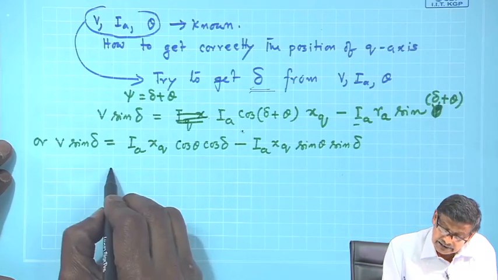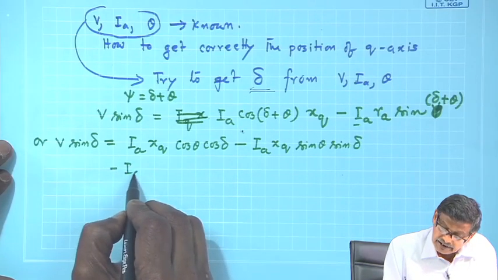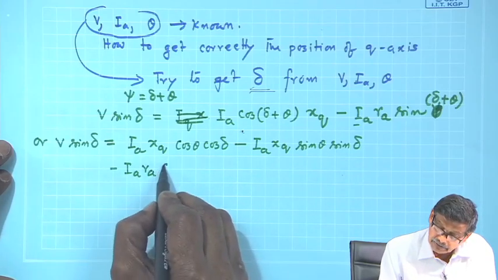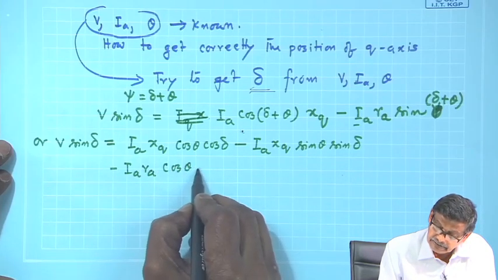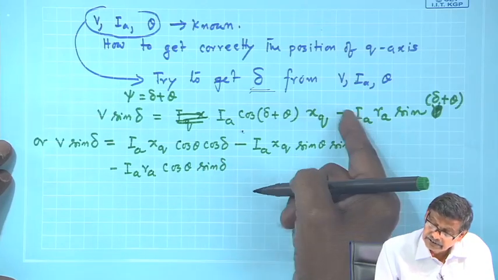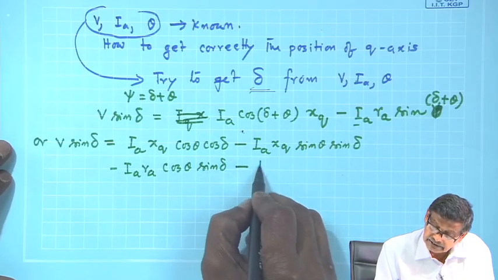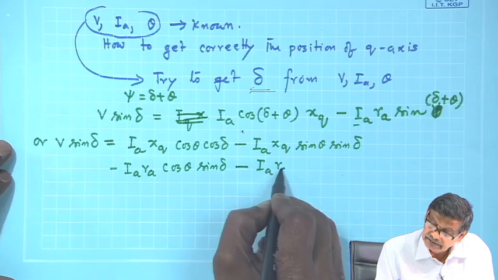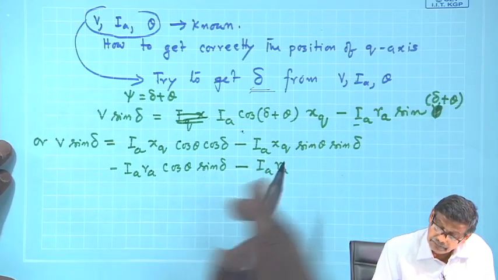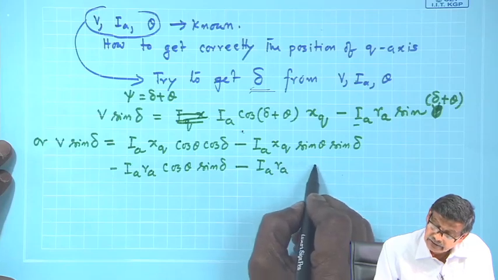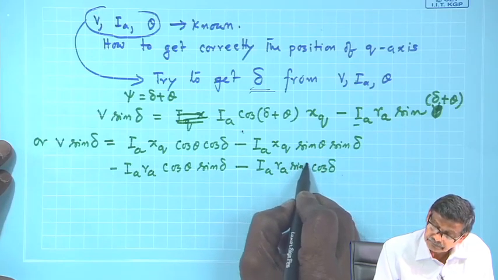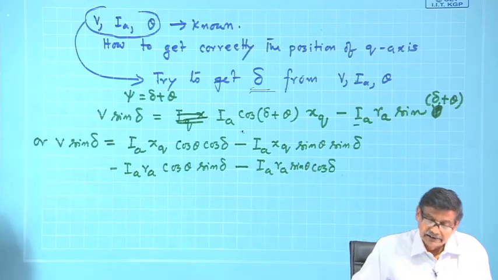Minus I A R A, sin A cos B plus cos A sin B. So, this will be the thing.